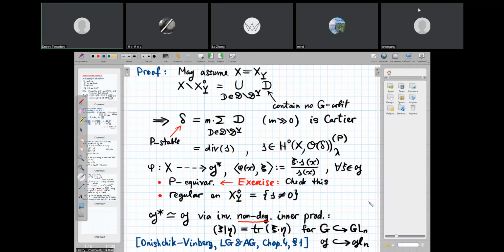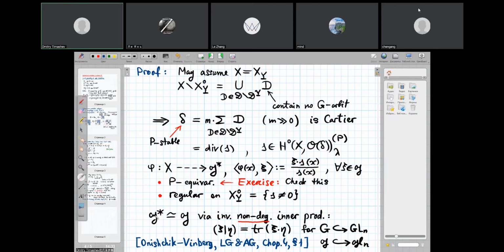So we have an embedding of G in GLN, right? Yes. But when we define the inner product, we did not use anything about the ambient space. I see. No, this is a digression.